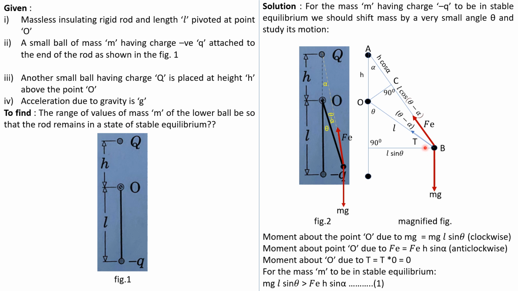Three forces are acting on this ball. One is the gravitational pull. Another is the electrostatic force in this direction. And one is the tension force along the negligible mass rod.